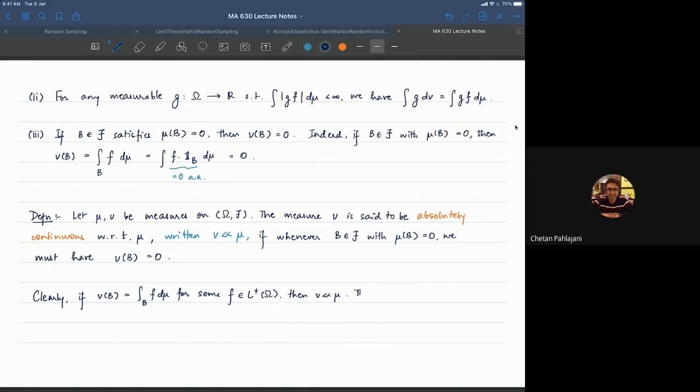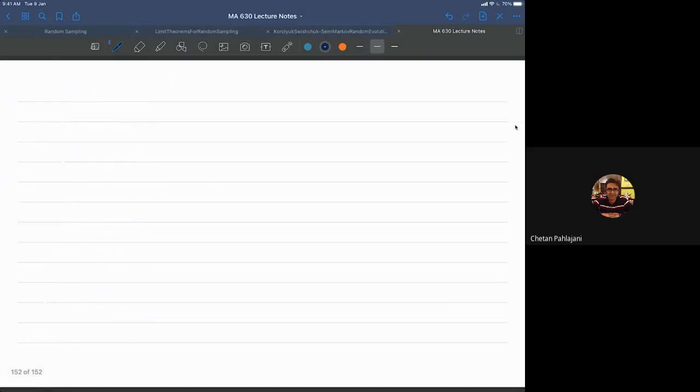So this raises the question: is the converse true? The converse would be, somebody has given me a measure nu which is absolutely continuous with respect to mu, and now I'm asking, can I represent nu of B as the integral of some function with respect to mu? Yes or no? Anyway, this question is answered by the Radon-Nikodym theorem. So that's what the next item of business is.